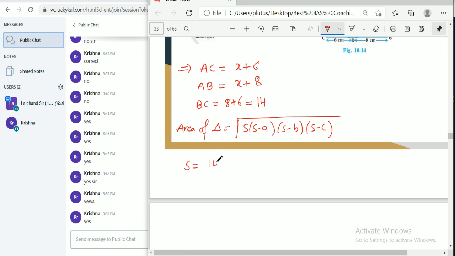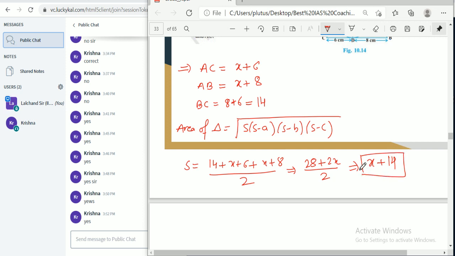S is the semi-perimeter, that means the sum of all these sides divided by 2. So we have 14 plus X plus 6 plus X plus 8, divided by 2. Finally this is 28 plus 2X divided by 2, so the semi-perimeter is X plus 14.